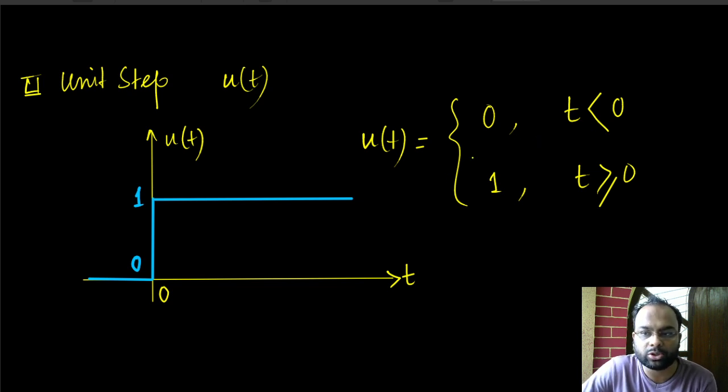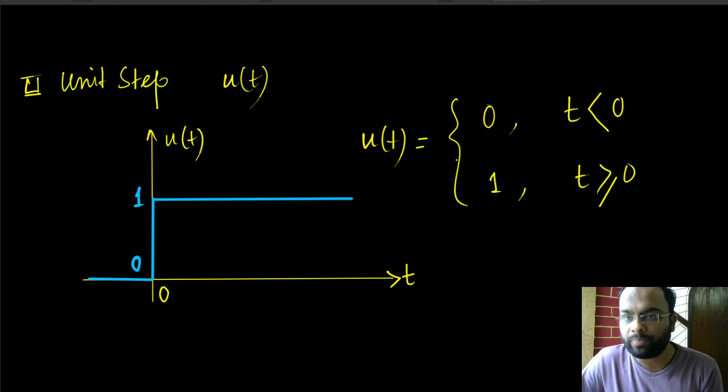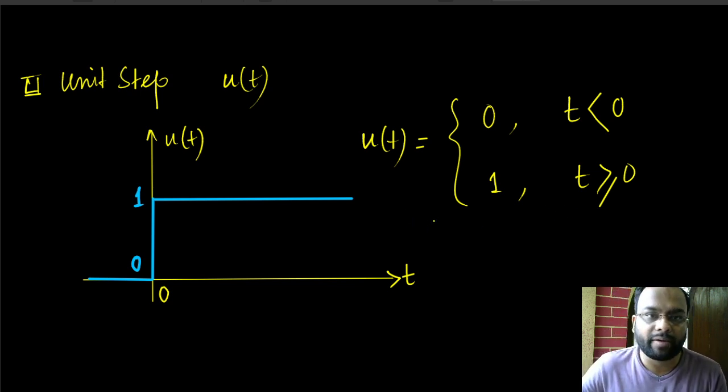Before time t equal to 0, the value of the signal is 0, and right at t equal to 0, the signal jumps up to 1 and stays at 1 afterwards. So this is how we define the unit step. I think you are all very familiar with this signal, right? This is nothing difficult at all.